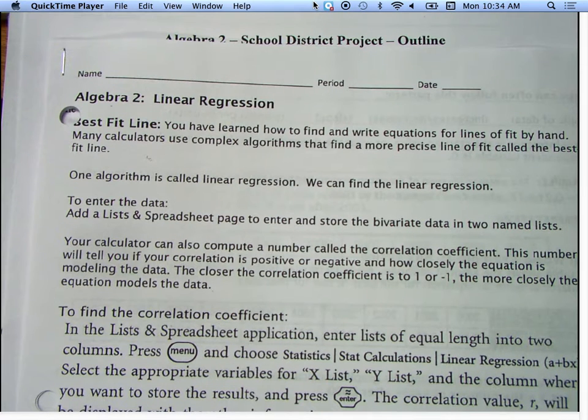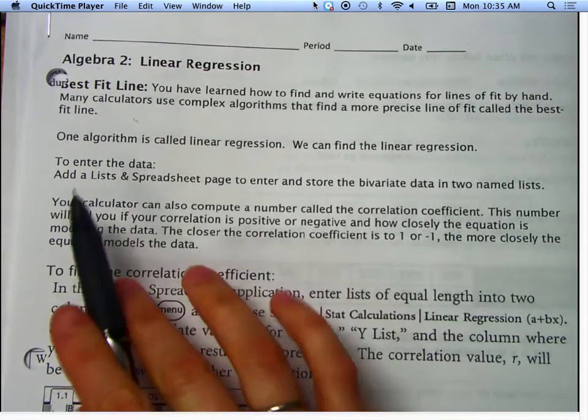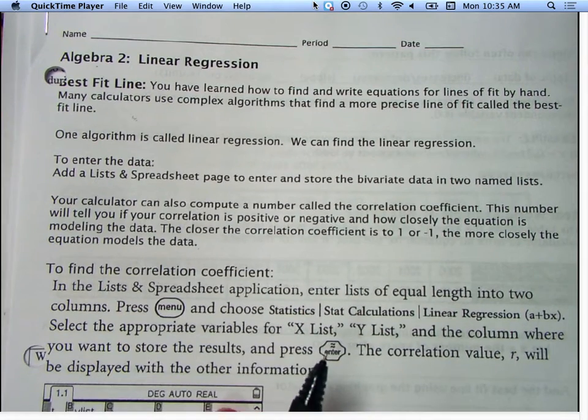So you have learned how to find and write equations for lines of fit by hand. Okay, so we didn't really do it. We just skipped right to the calculator. So we are now going to do this on our calculator, and you will be able to use it for spreadsheets and stuff.